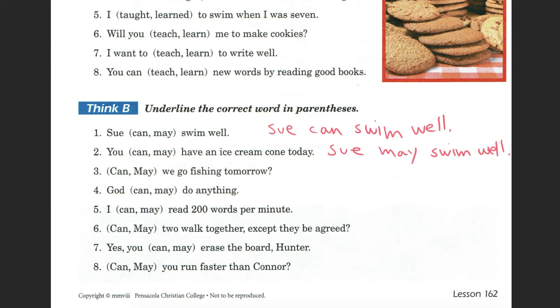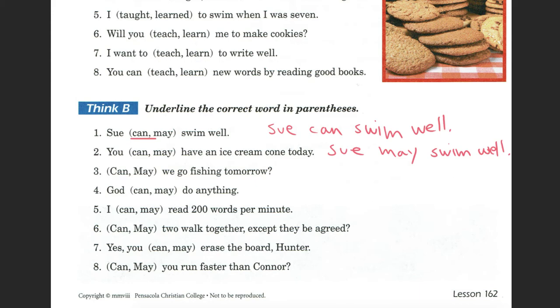Do I have permission to swim well?" And her mom answers, "Yeah, Sue, you may swim well." That kind of sounds weird. She's obviously not asking for permission to swim well, right? The sentence is telling us that she has the ability, she can swim well. So you would pick can. Sue has the ability, the power to swim well.